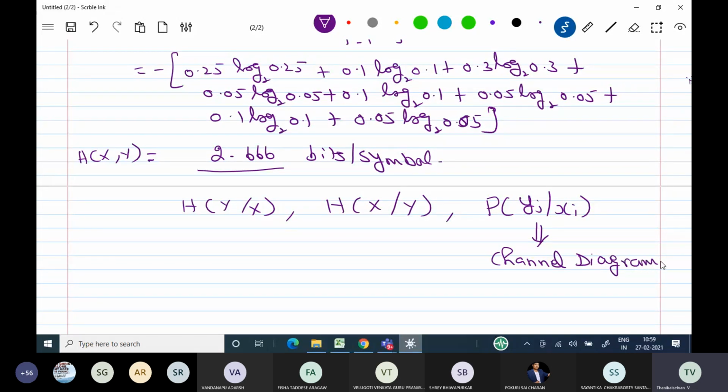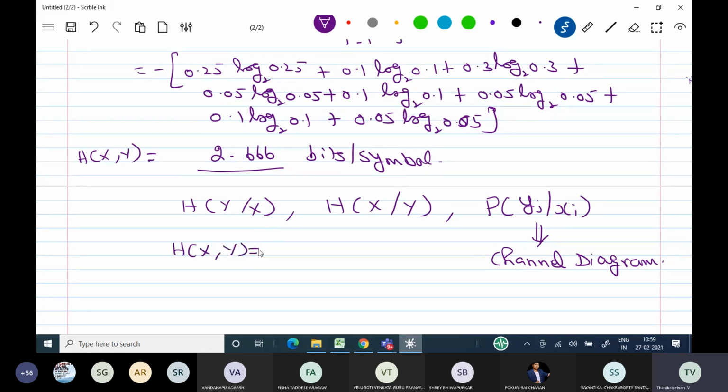Using the formula, you can directly calculate H of Y by X and H of X by Y. Please tell me the answer. Use the direct formula. Refer to the previous list of formulas I gave. You know this formula is available with you.